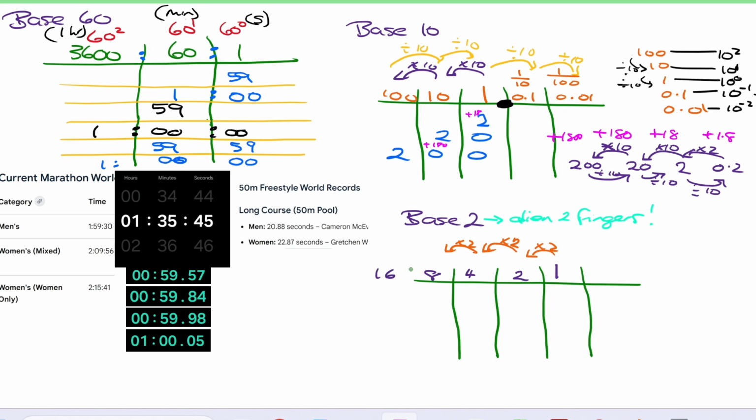And actually, what would I multiply by 2 to get 1? Well, that would be a half. So you can see the division is also happening there as well. Divide by 2, divide by 2, divide by 2.